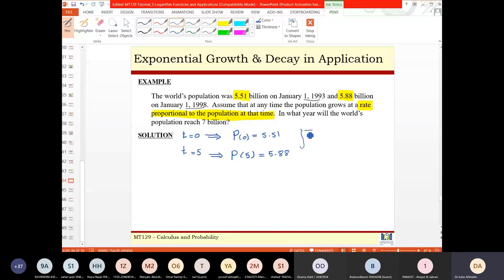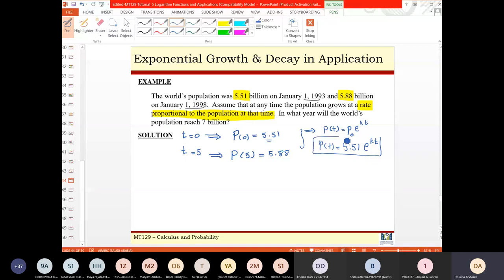So I know the exponential formula for the growth is P of T equal to the first population, يعني P0, exponential of K في T. صح ولا لا؟ This is the formula of the population لما فيها growth. ال P0 I know it, it's equal to 5.51. So the population at the time T is equal to 5.51 exponential KT.